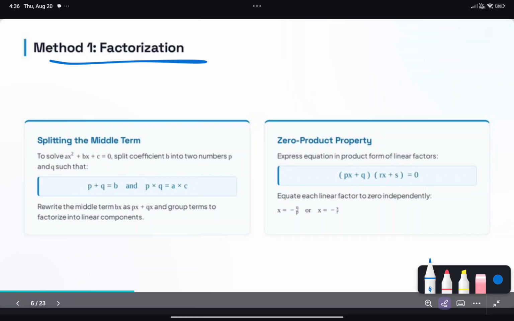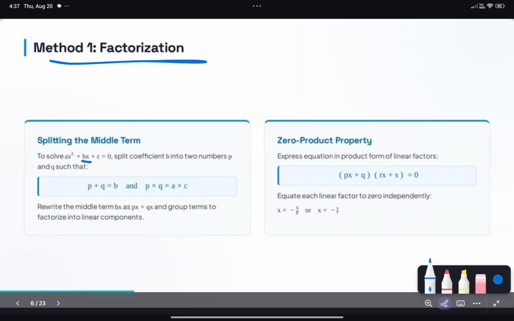The product of the first and last number should be... Okay, no problem. See, to solve ax square plus bx plus c equal to 0, split coefficient b into two numbers p and q. The coefficient of x is b only. Split that b into the two numbers p and q.